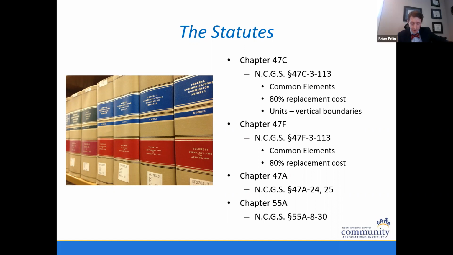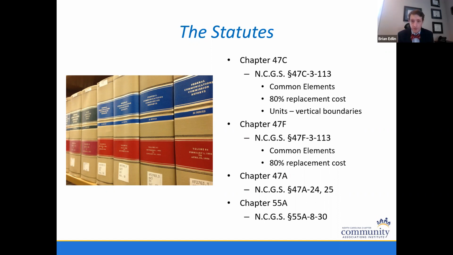And what are fire and extended coverage perils? Fire is fire. We all know what fire is, of course. Extended coverage perils would include windstorm, hail, and smoke damage. It also could include riot, civil commotion, aircraft, and vehicles as well. But those are extended coverage perils, and Andrew Bateman can talk to you more about that in a minute.